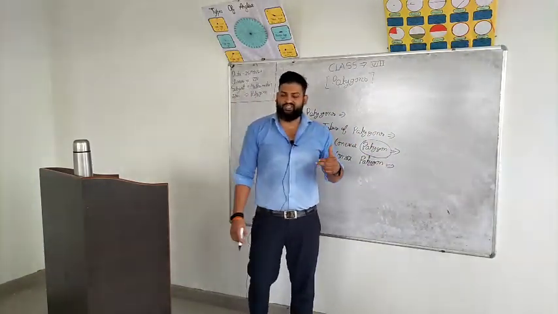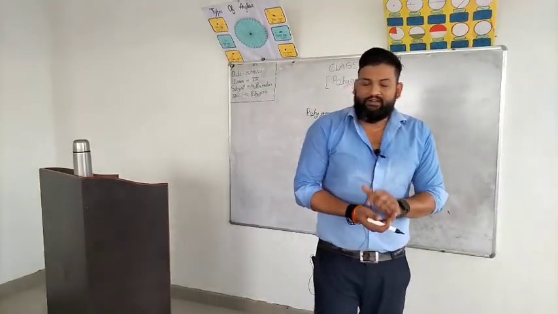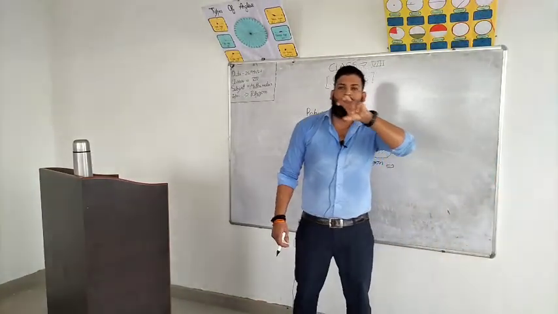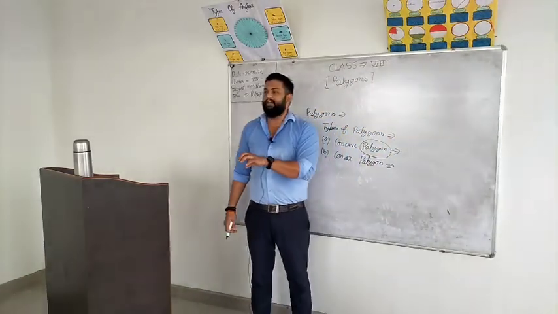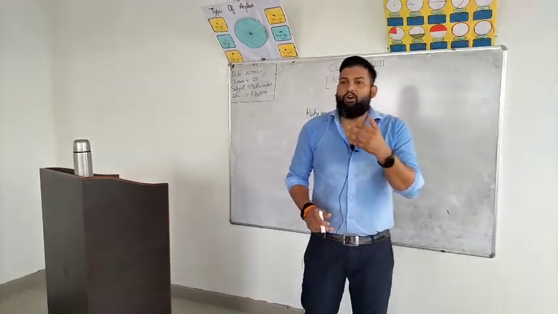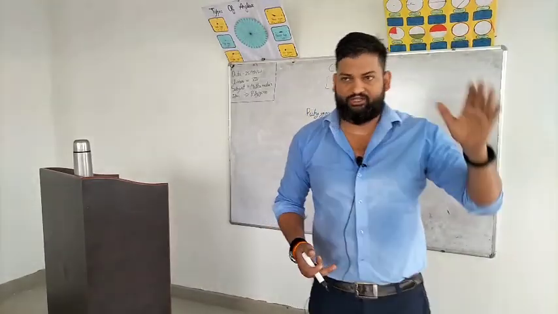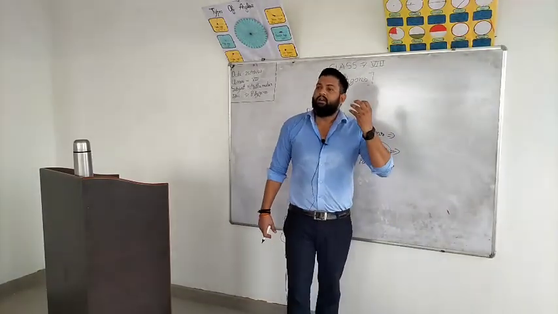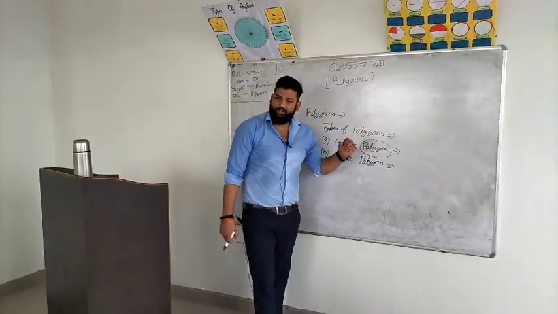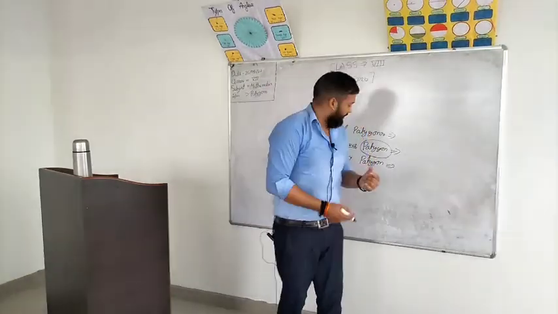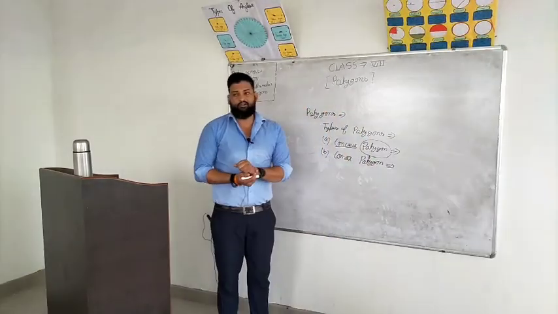But why are we saying concave? Why are we using the word concave? Just as we understand the meaning of polygon, a simple closed curve made by line segments, but why are we using the word concave and the word convex?